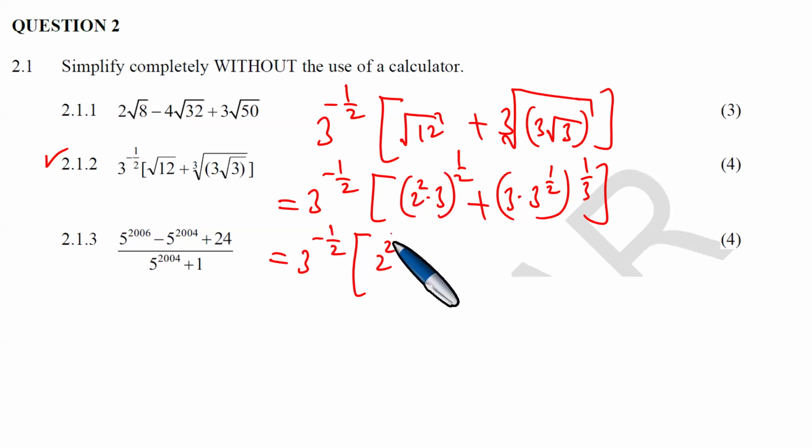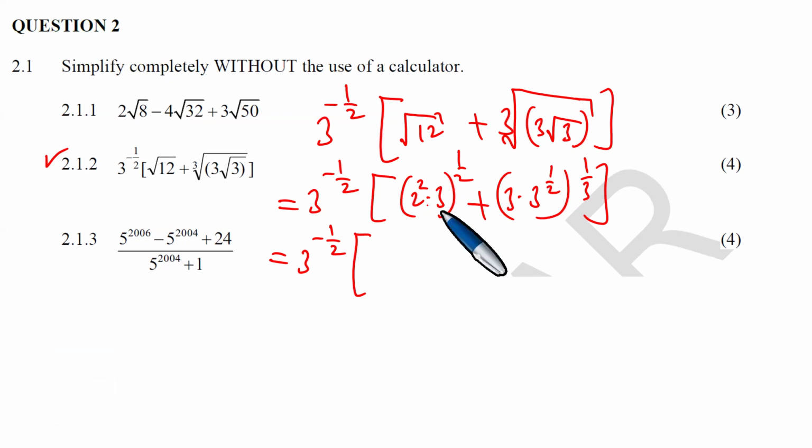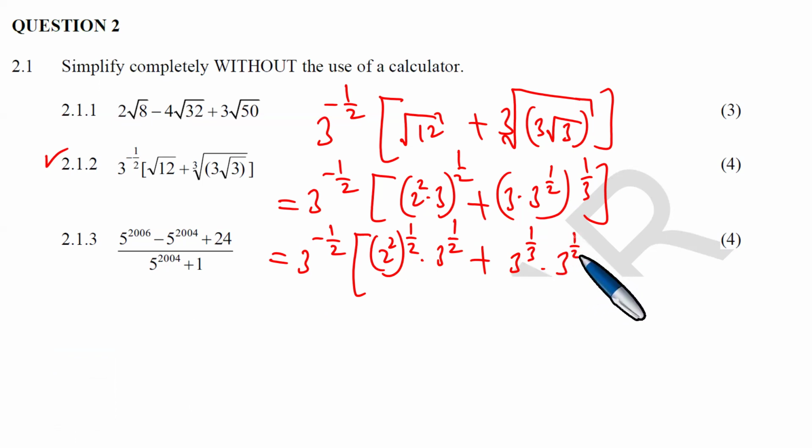So this one is 2 to the 2. Okay, we're smart. So this one is going to be 2 to that. Let me just write that step. It's a trivial step, but we can write like this. Plus 3 to the 1/3, 3 to the 1/2, 1/3.